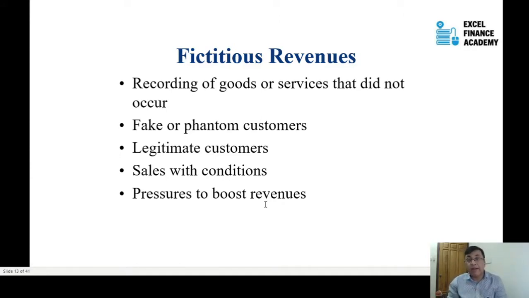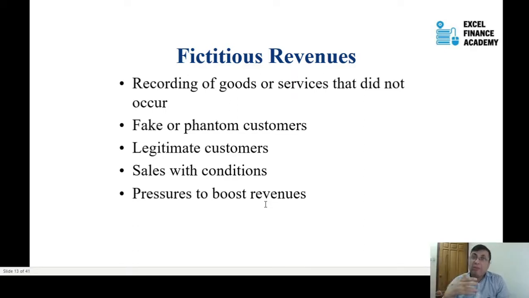Very difficult, right? So you have to have a certain measurement of the compensation that you are going to receive from the customer. It can be money or it can be in kind, maybe like a barter agreement with advertisement companies. And the delivery has to have occurred, or services have to be produced, in order to get a recognized sale.